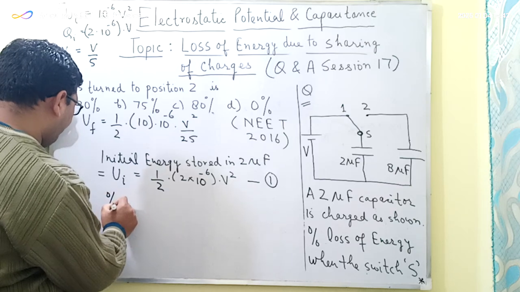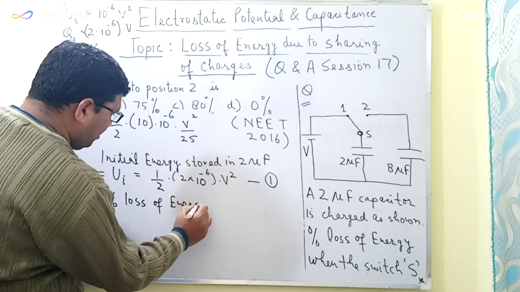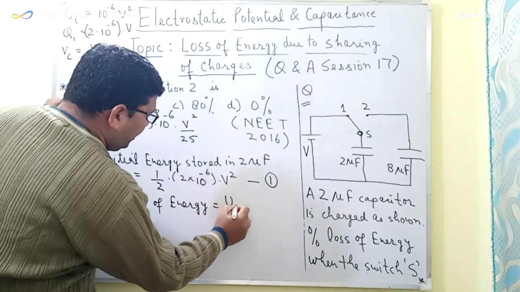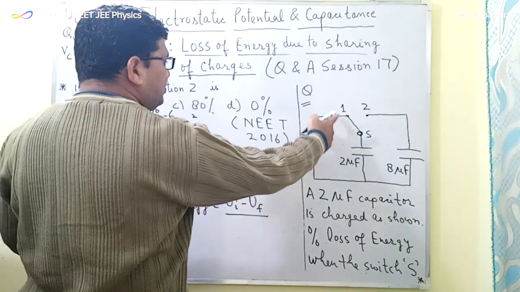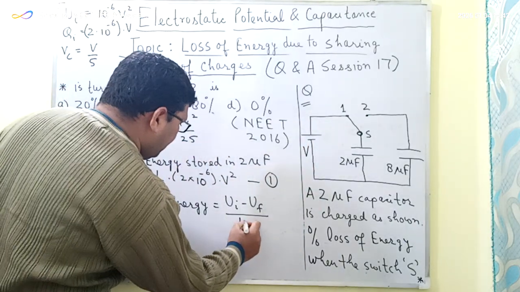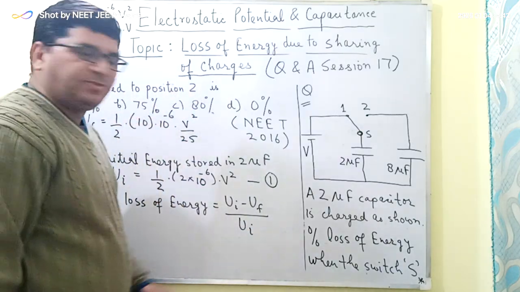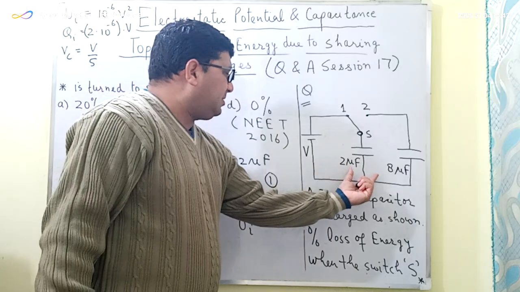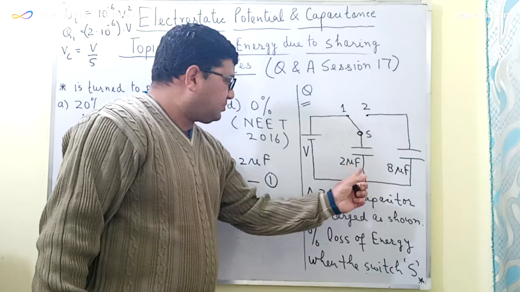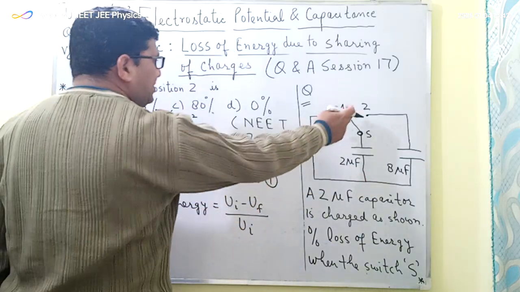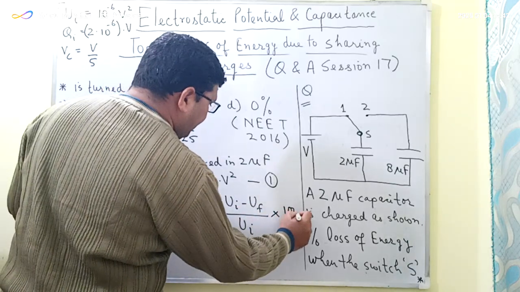So the percentage loss of energy will be equal to Ui minus Uf, where Ui is the initial energy stored in the 2 microfarad capacitor when the switch was turned towards position number 1, and Uf is the total energy stored among this combination of capacitors of 2 microfarad and 8 microfarad when the switch was turned towards position number 2, into, so Ui minus Uf divided by Ui into 100.